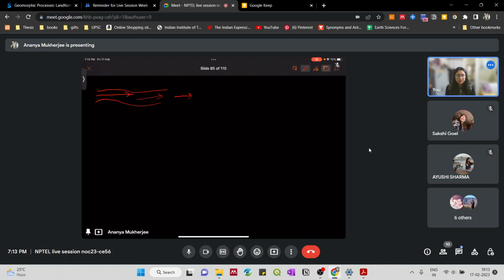Now if this is a straight channel, as and when the velocity changes, or the sediment load increases, meaning the material that the water is carrying with it is increasing, it will start depositing.